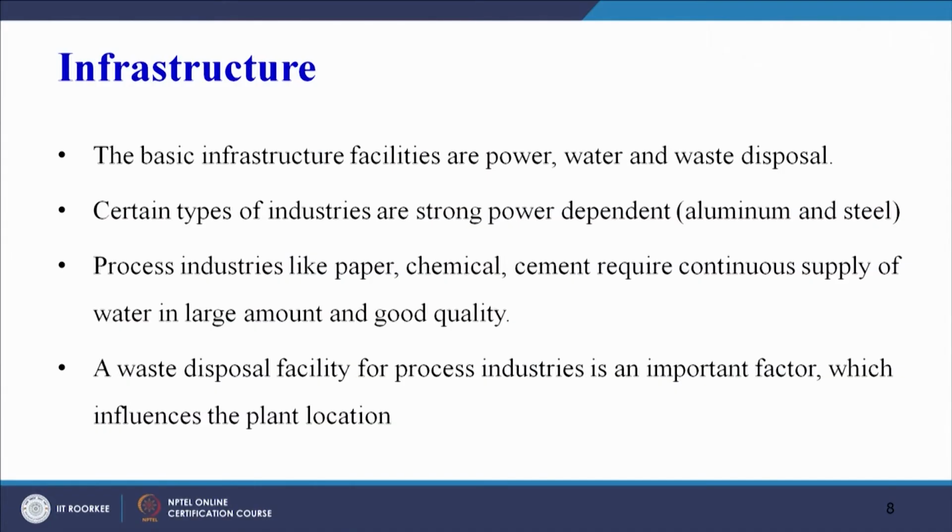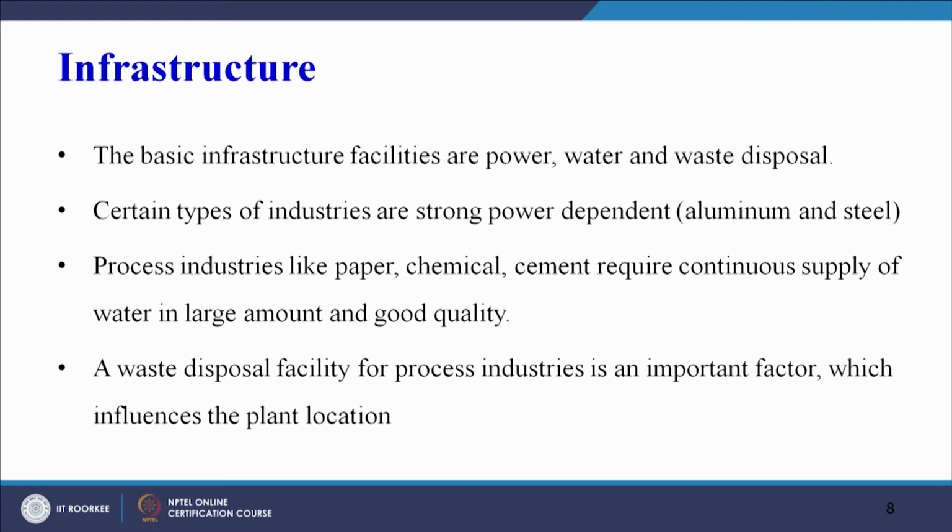Certain types of industries are strongly power dependent, for example, aluminium and steel. So, the source of power or the rate at which we are able to get the power is also equally important. Process industries like paper, chemical, cement require continuous supply of water in large amount and in good quality.